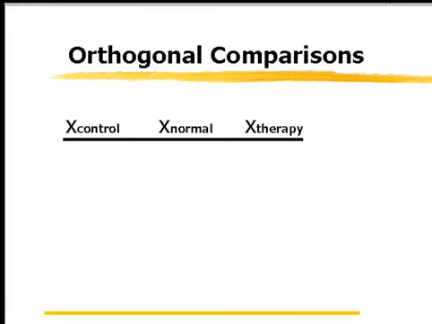Now, in this particular example, one of the things that I would like to know is whether there is a difference between the groups of people that are not getting a medication, in other words, the control group and the normal group, compared to the one group who is getting the therapy.